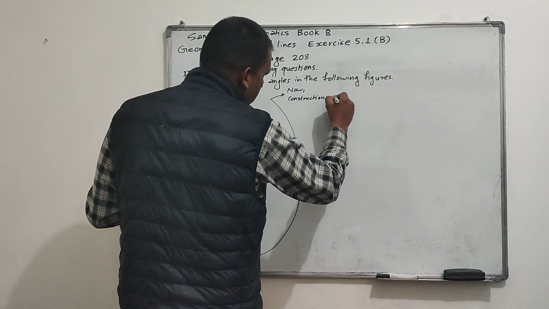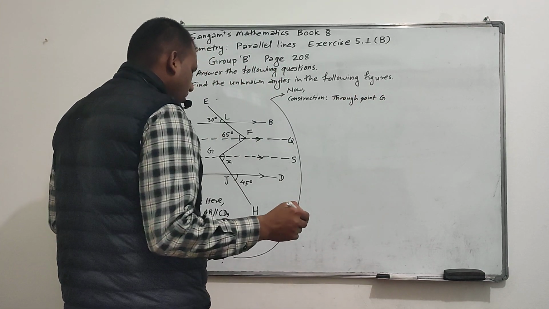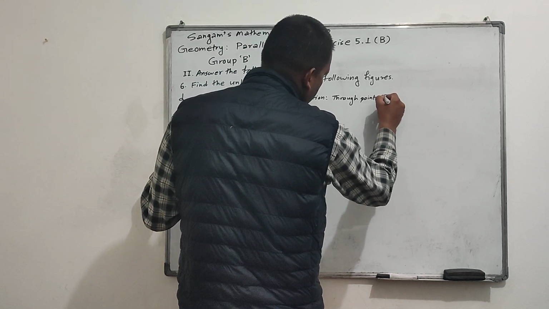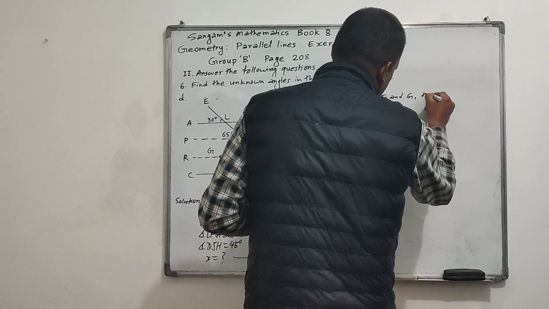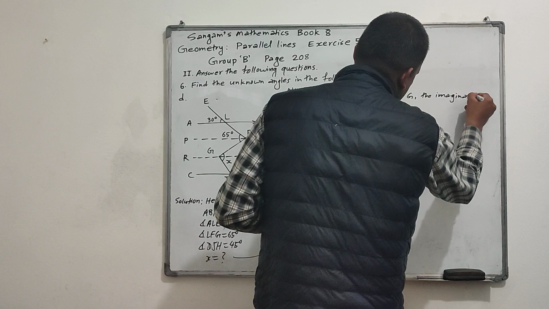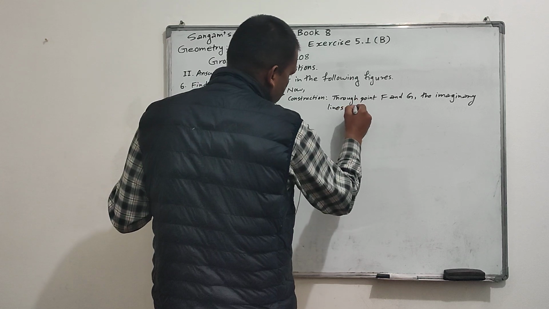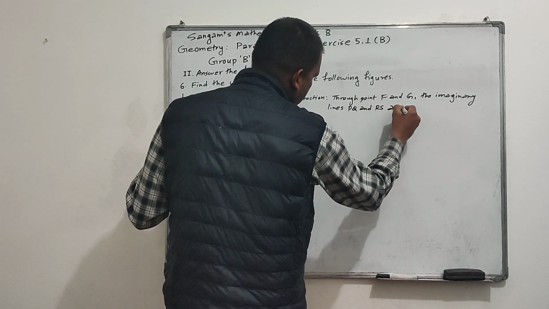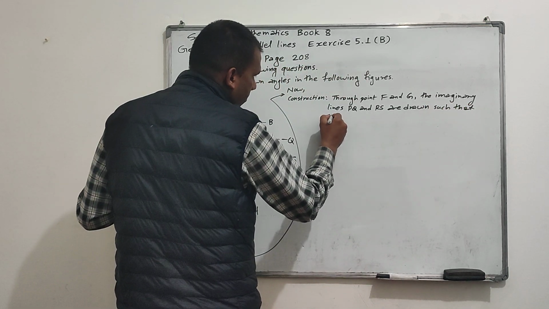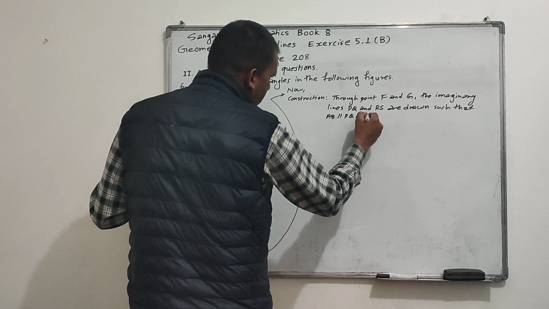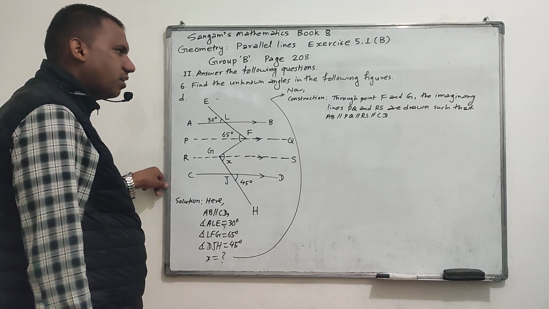Construction: through points F and G, the imaginary lines PQ and RS are drawn so that AB parallel to PQ parallel to RS parallel to CD, so that all four lines AB, PQ, RS, CD become parallel.